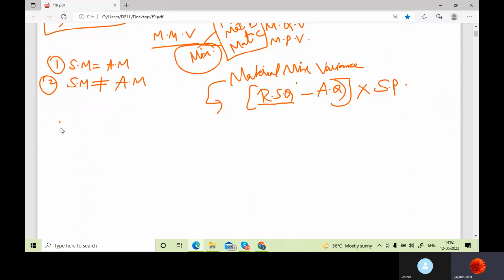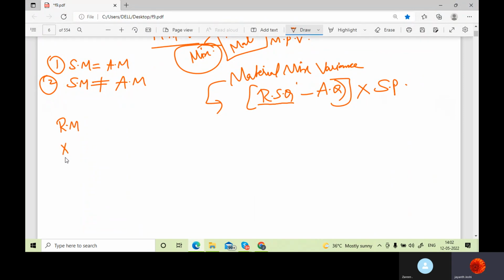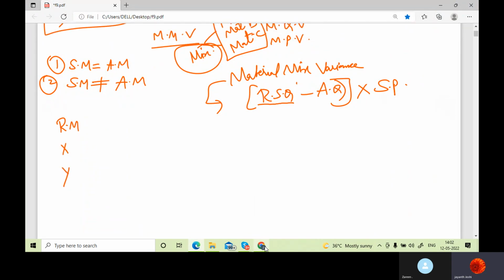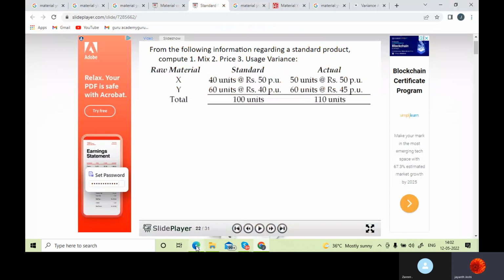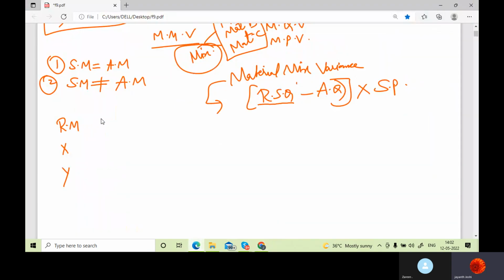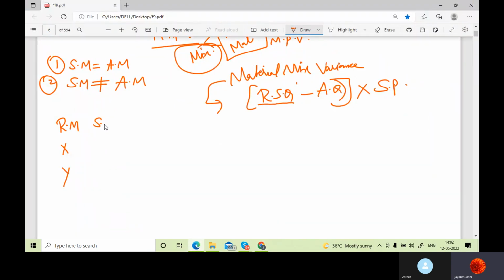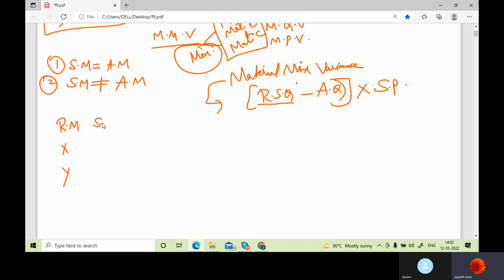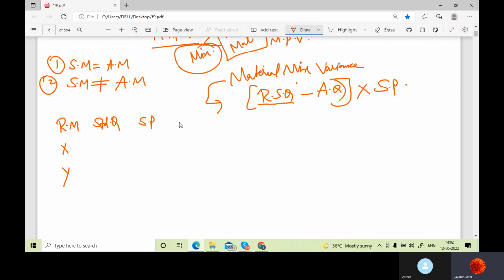Material. So we should make these columns: raw material X, Y, and then standard units, or we can say standard quantity, and then standard price, and then standard cost.